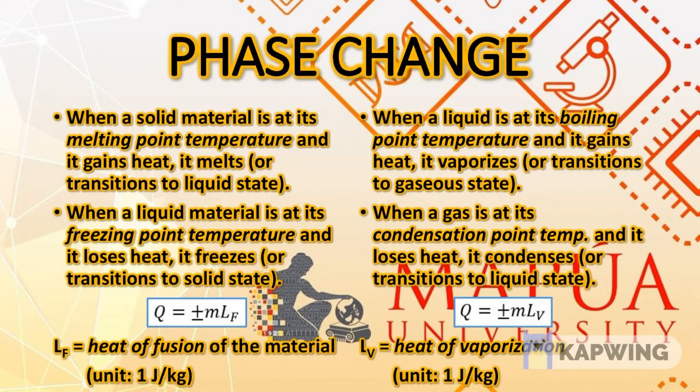Q is equal to plus or minus mLV, where LV is a property of the material just like LF, the heat of vaporization of the material. The unit is joules per kilogram.